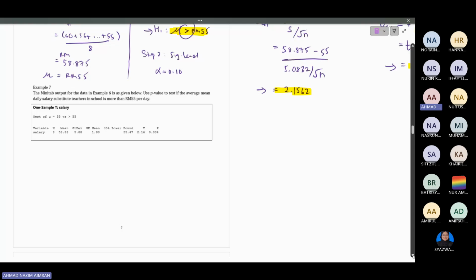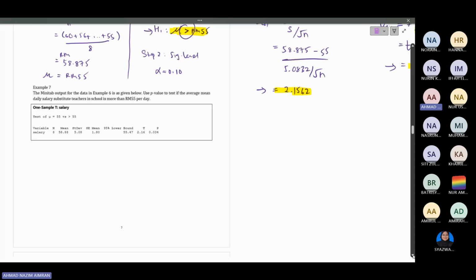And by the way, if an output is given, usually you need to use the p-value to test the hypothesis instead of the test statistics.